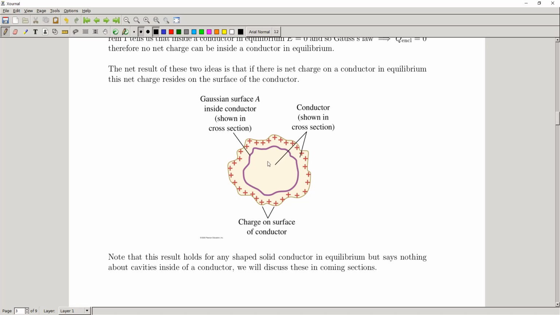If we carved a cavity out of this conductor that was not a conductor, let's say it was just an air pocket in the middle of our iron rock, we could place a charge inside that air gap, and it could be in equilibrium and still sit there. But we're going to look at that situation after. The takeaway for here is that if there is a net charge in a conductor in equilibrium, then it has to reside on the surface.